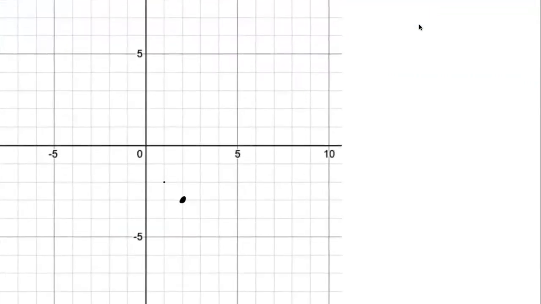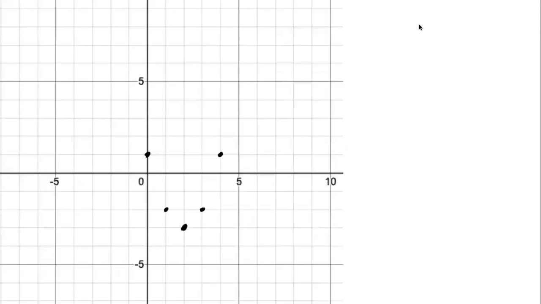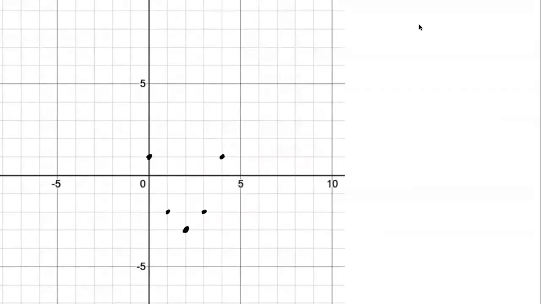And then we're going to go 1, 1, 2, 4, and then 3, 6. And we could do the same point over here. And we can sketch this parabola.